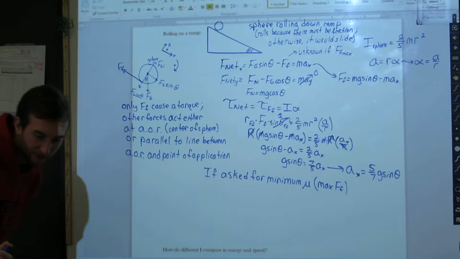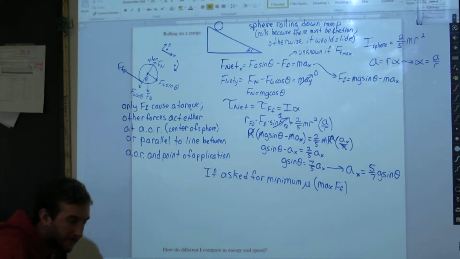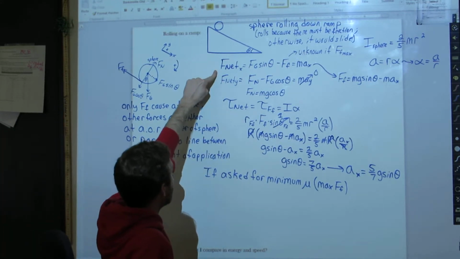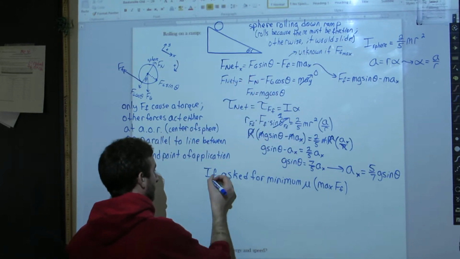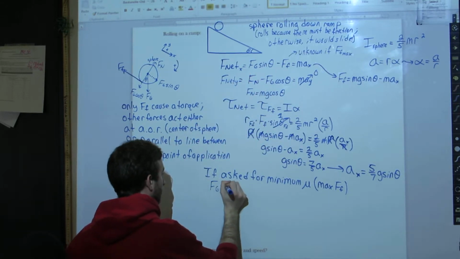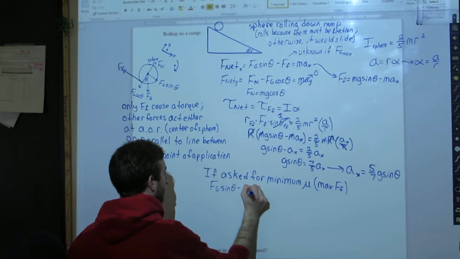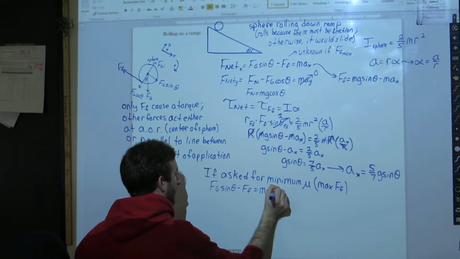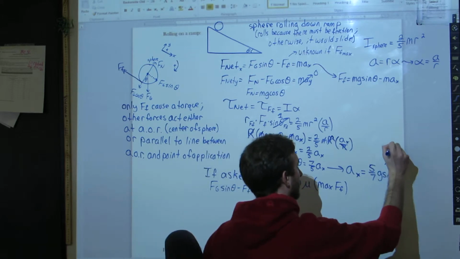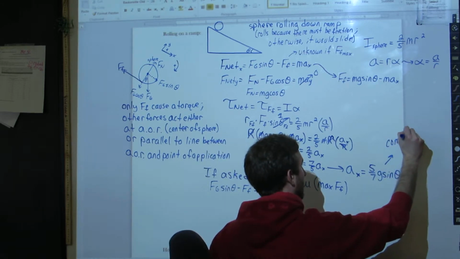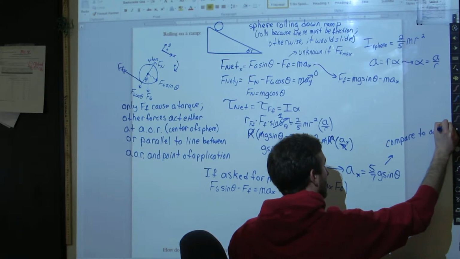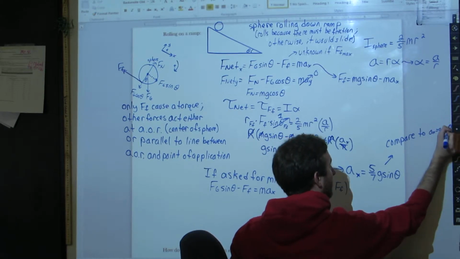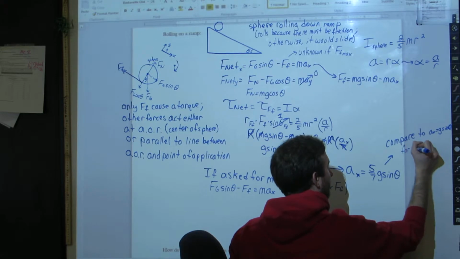And the nice thing is, if we're looking for the maximum force of friction, let's go back to our F net equation in the x direction. Fg sine theta minus Ff equals m ax. Before I forget, let me just write this in. Compare to ax equals g sine theta for sliding.